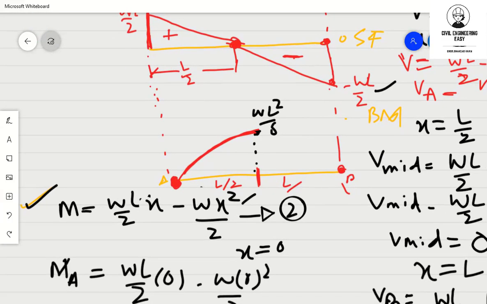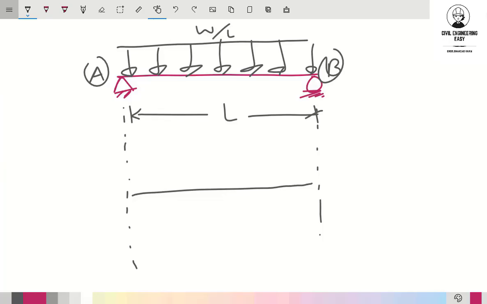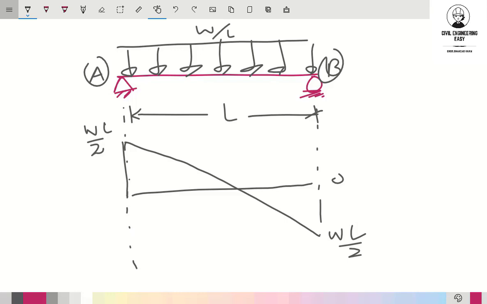So again join this line with the second degree curve, and we have a complete bending moment diagram. That is a positive bending moment diagram, and the maximum value of this bending moment is WL square divided by 8 at the mid of this beam. So in short summary, we have calculated the shear force which was a linear line, and the maximum shear force was at support A, WL divided by 2, and at support B it was WL divided by 2.